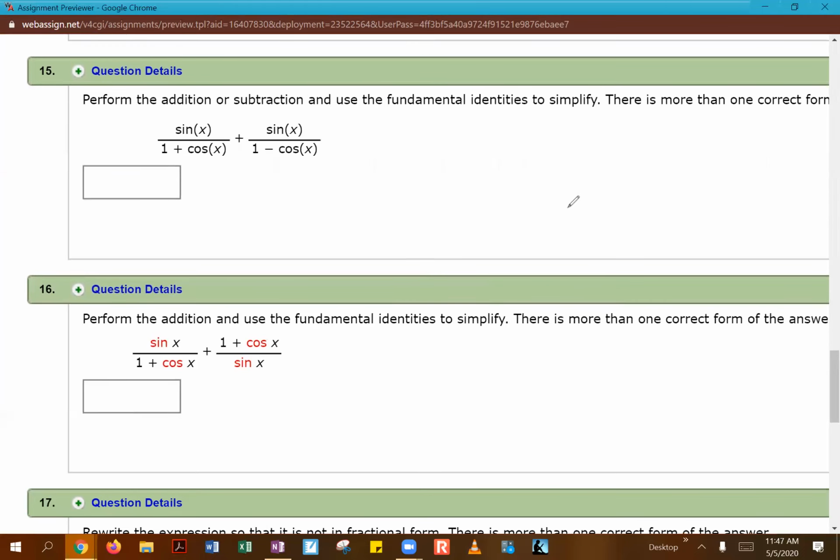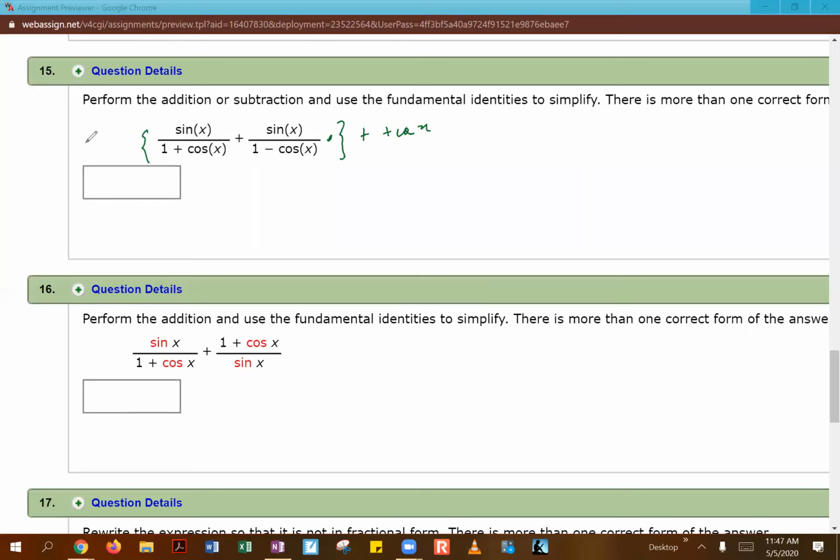For anything like 15 or 16, what would your strategy be? Multiply the denominators, like cross multiply, basically. Yeah, so kind of like finding a common denominator, right? So this whole fraction would need to be multiplied top and bottom by 1 plus cosine of x.